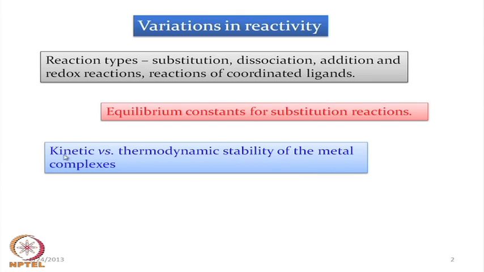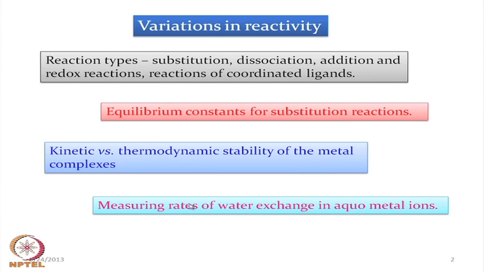So, kinetic lability or inertness, and thermodynamic stability or instability of these metal complexes can be classified in terms of two different terms. One is related to the kinetic term and another is related to the thermodynamic term.